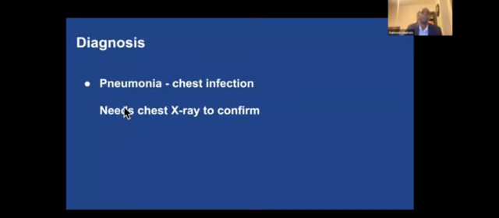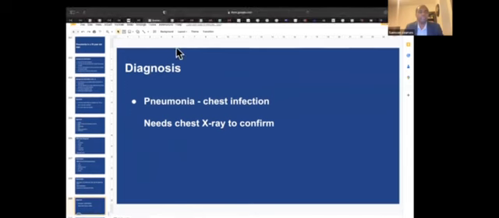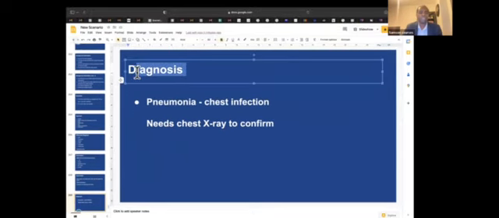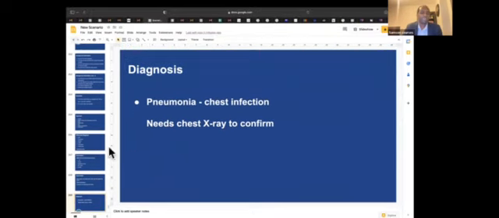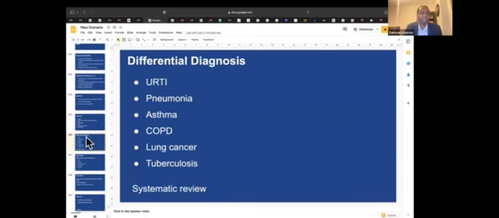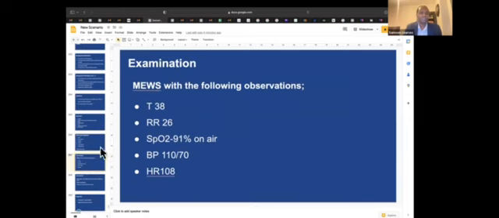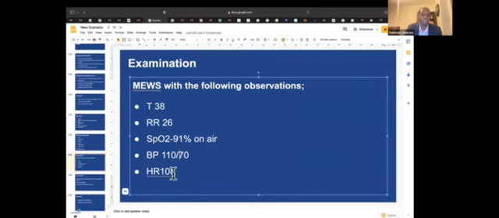After that, you perform examination. So this one is not a diagnosis, it's examination. On examination, you also need a respiratory examination. What will you find?